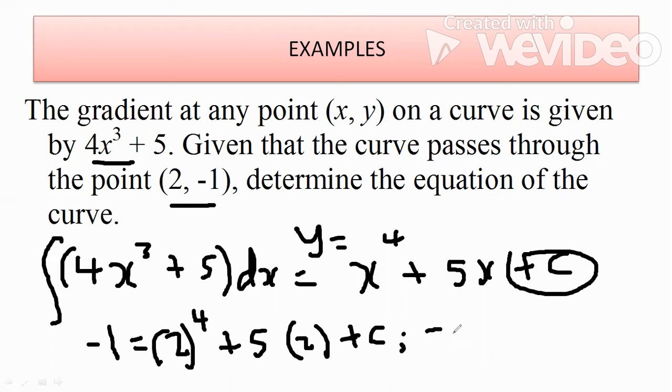Now 2 to the 4 is 16, and 16 plus 10 is 26. So we have -1 equals 26 plus c. With this 26, I'm just going to bring it over, it becomes -26. So c is actually -27.